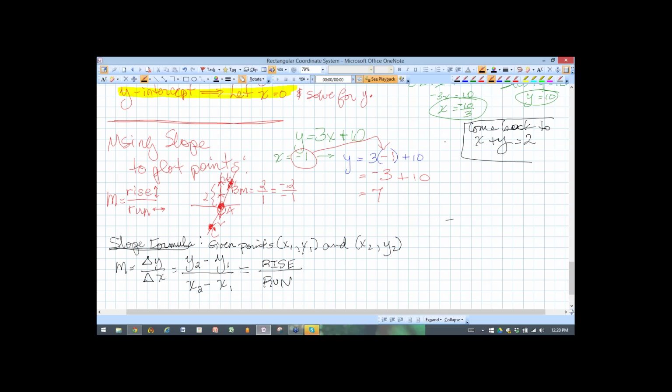But first let me go ahead and get an example for the slope formula out on the side here. All right, so let me separate it here. Let me get all this stuff out of my way. There you go. So this is my little slope section. So here, example.